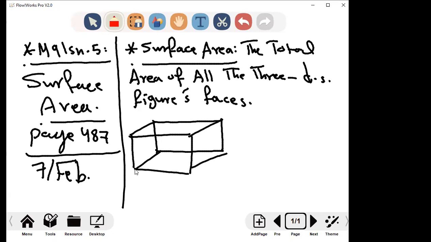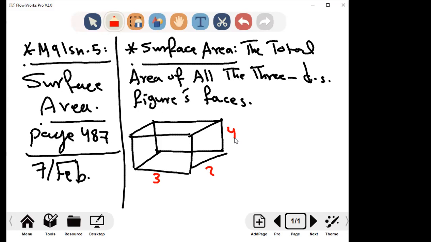Assume that this line here, the length of the rectangular prism, is 3. And the width, let's say 2. And the height, let's say 4. To find the volume, I need length, width, height, right? And to find the area, I also need length, width, height. But how many areas did we say here? We have 6 areas.